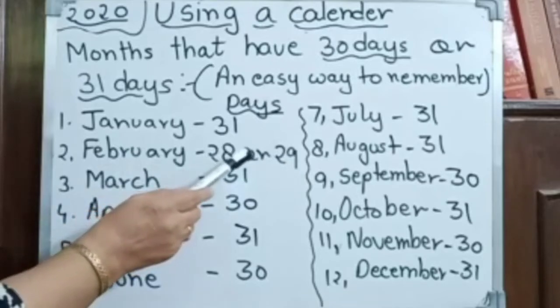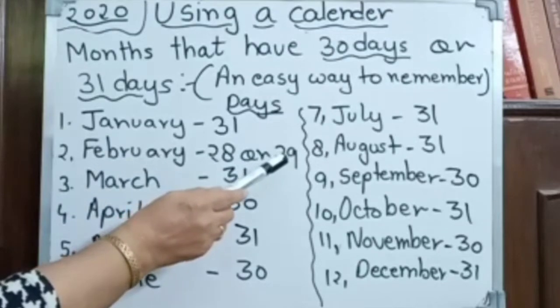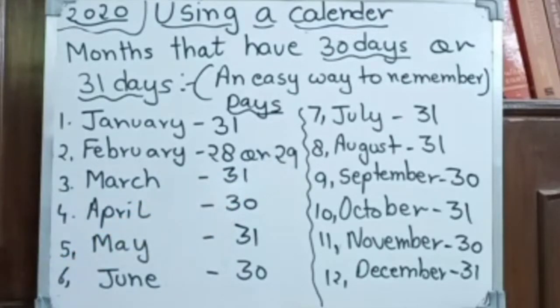After every 4 years there is a leap year, and in that leap year February has 29 days. March 31 days, April 30 days, May 31 days, June 30 days, July 31 days, August 31 days, September 30 days, October 31 days, November 30 days, December 31.